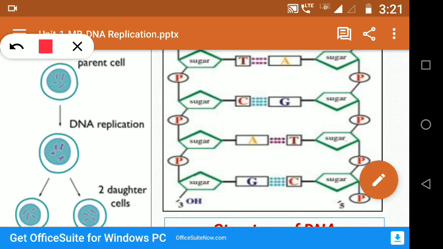Remaining all organisms will have DNA as genetic material. So DNA is a double stranded structure which is also a polymer of nucleotides, deoxynucleotides. The main difference between DNA and RNA is DNA uses deoxyribose sugar in its nucleotide structure, whereas RNA contains only ribose sugar.